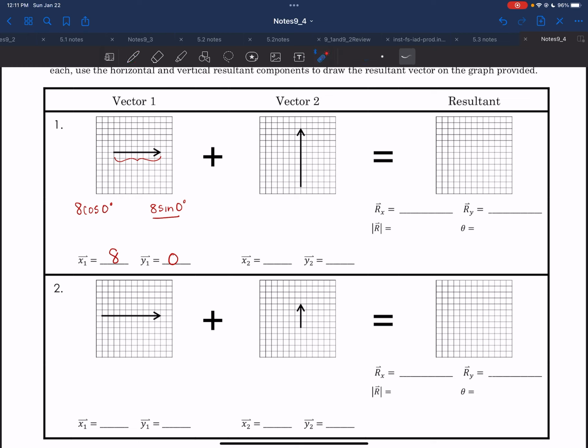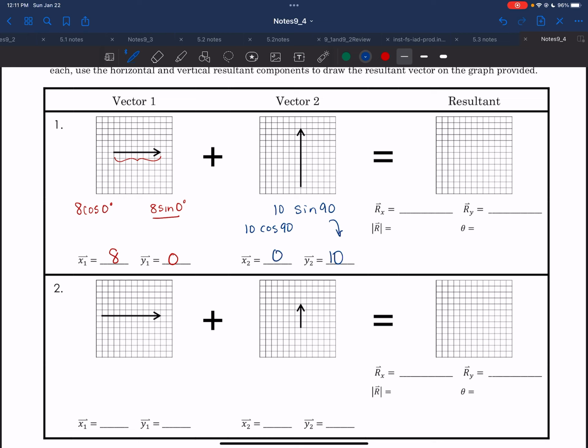Now this vector, I've got 1, 2, 3, 4, 5, 6, 7, 8, 9, 10, and it's going in the upward direction. So my y is 10, and again, this is at 90 degrees, so I could do 10 sine 90, and that would get me this value, and of course 10 cosine 90 would get me 0.